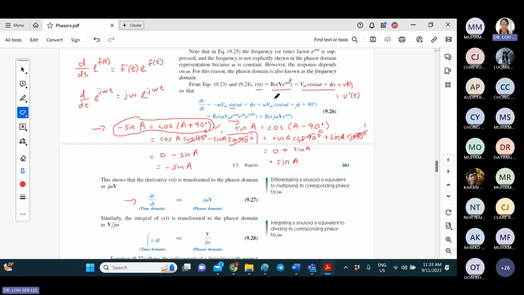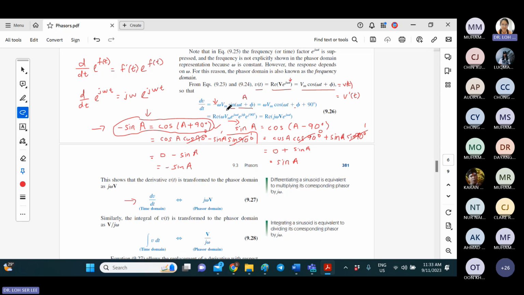We want to change it into cos. We use these two formulas, but because of the minus here, we choose the first formula, minus sine A. We treat this as A, minus sine A.